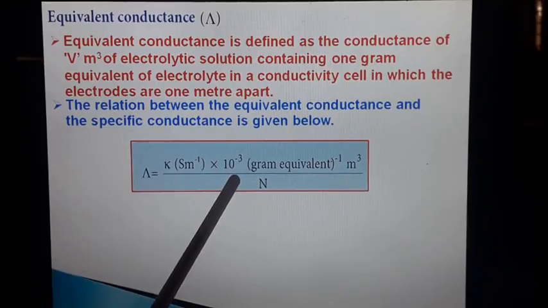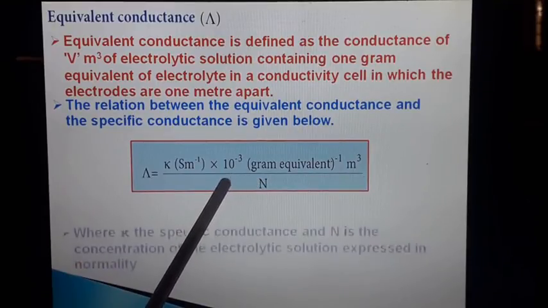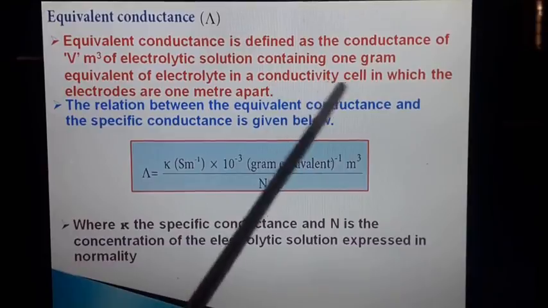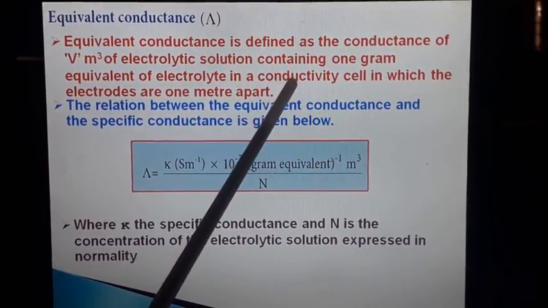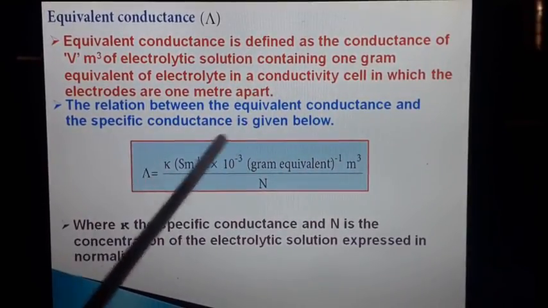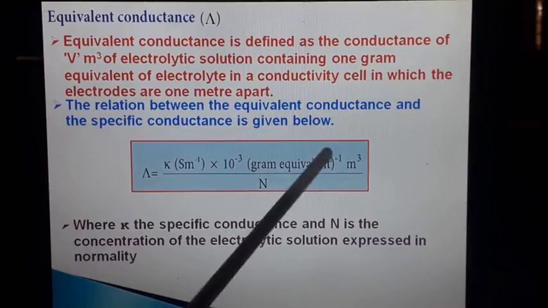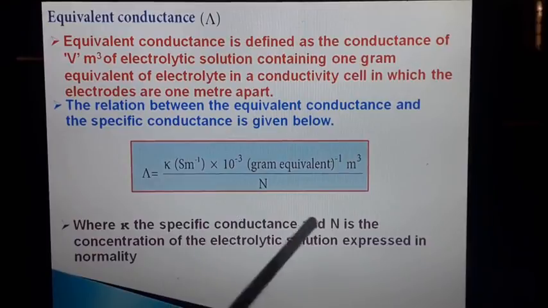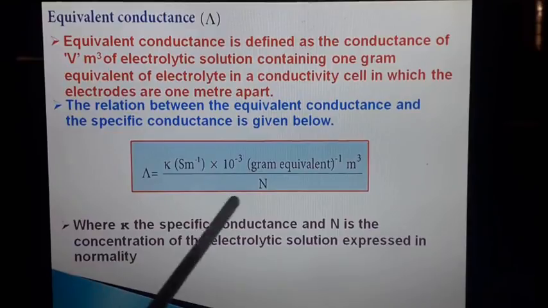Kappa is the specific conductance, and N is the concentration of the electrolytic solution, expressed in normality.